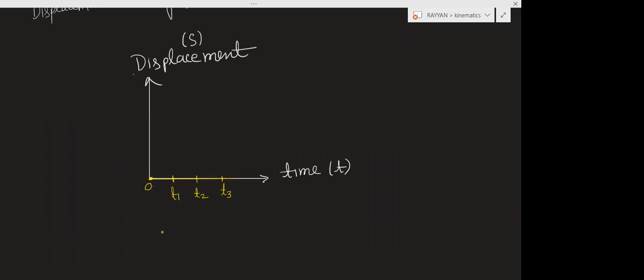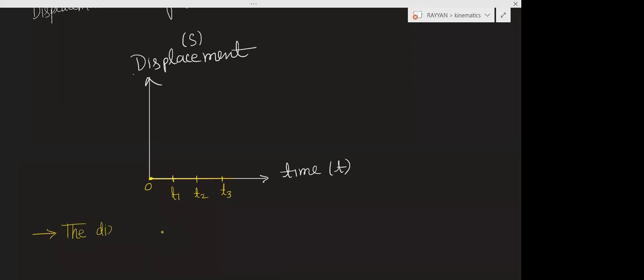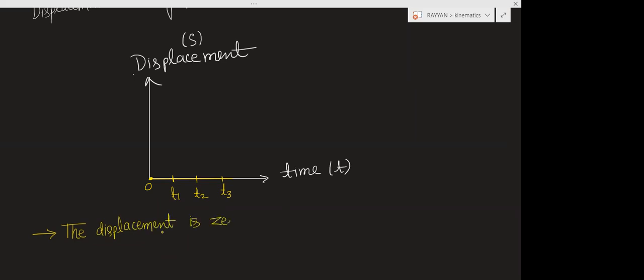From this graph, you can analyze that the displacement is 0 for any time. Time is increasing, but the displacement remains 0.